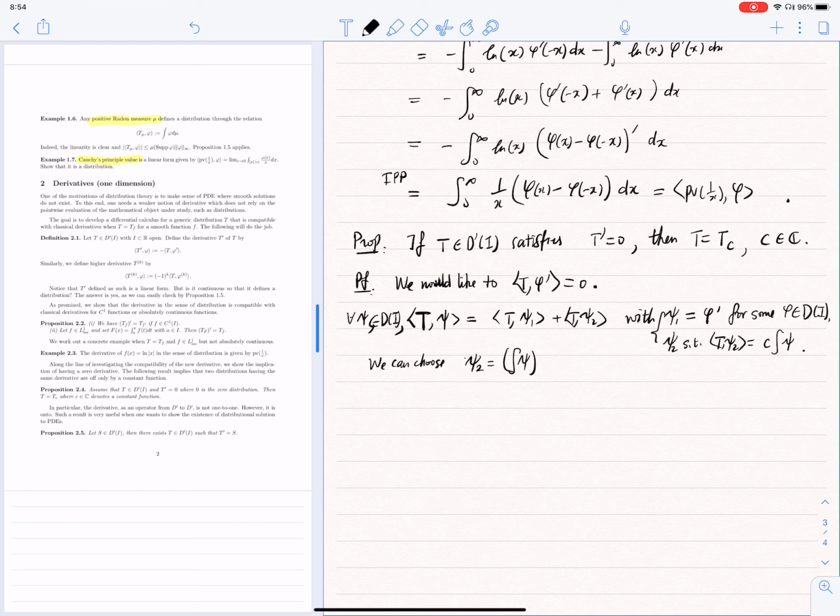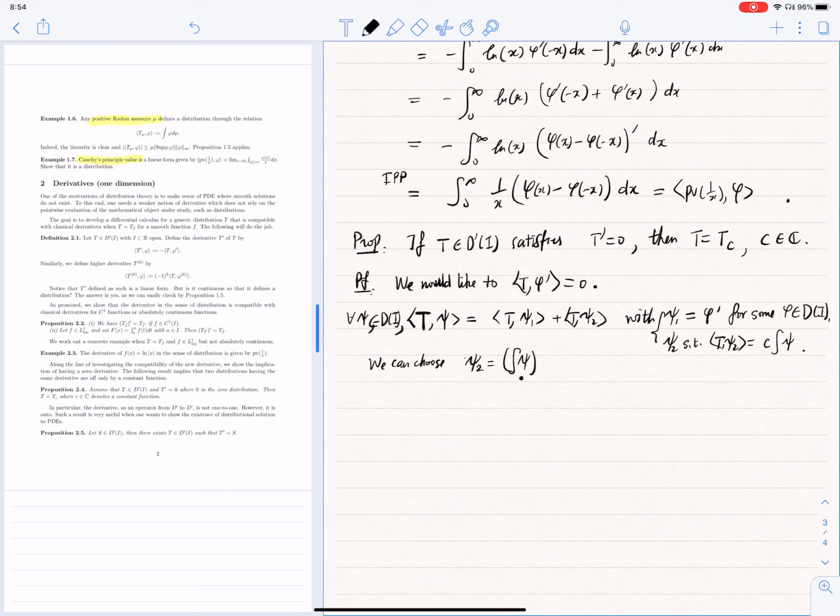But if we put a constant in here, psi 2 will not be a test function, and then this term is not well defined, because T is only a well defined object on the space of test functions.